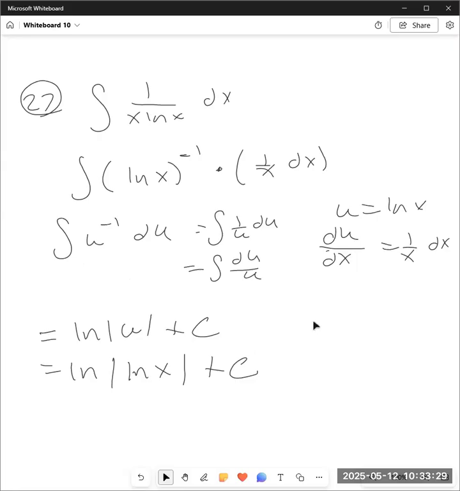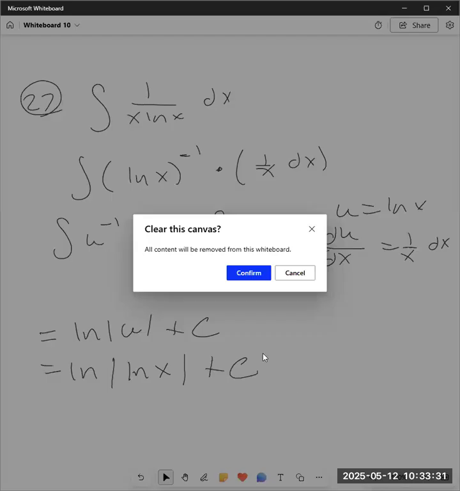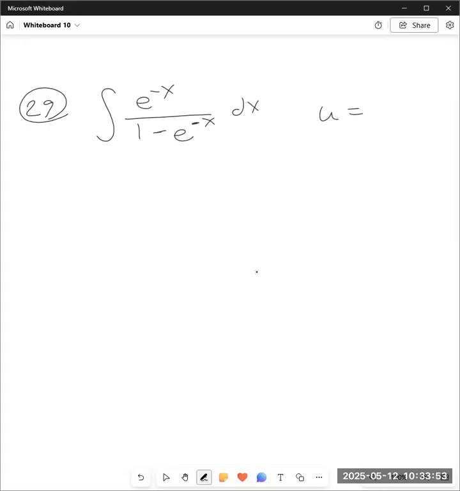Let's look at number 29. E to the negative x over 1 minus e to the negative x dx. Let's try to make u my denominator. Let's see what happens. Du dx will be a negative 1 times a negative 1, which is a positive 1, times e to the negative x.